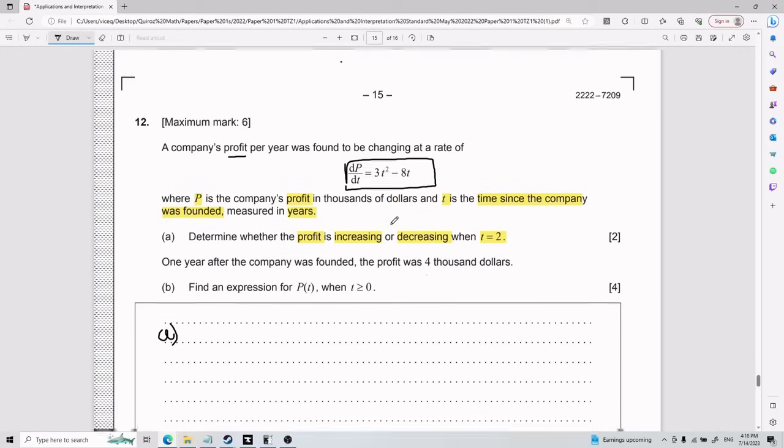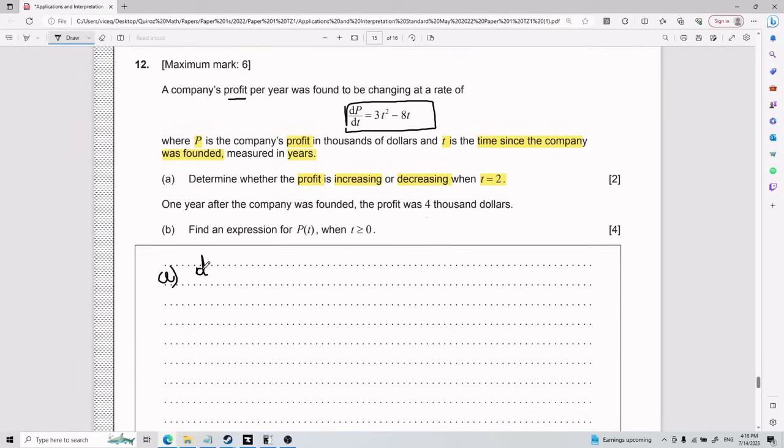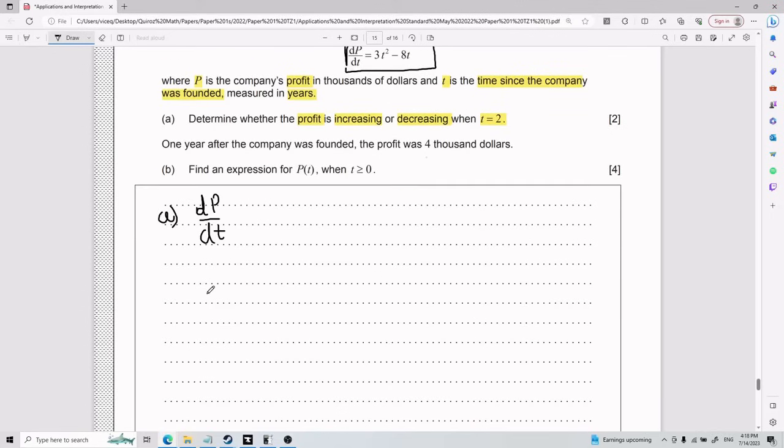So, first things first, when you have dP over dt, or you might encounter stuff like derivative of f, derivative of x, might be written with that fancy symbol. This is all rate of change.